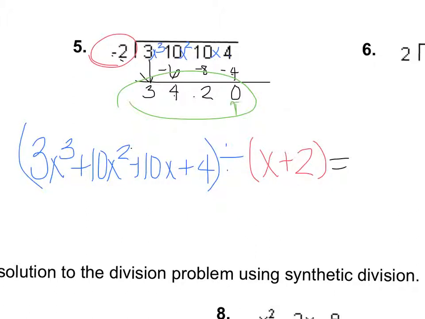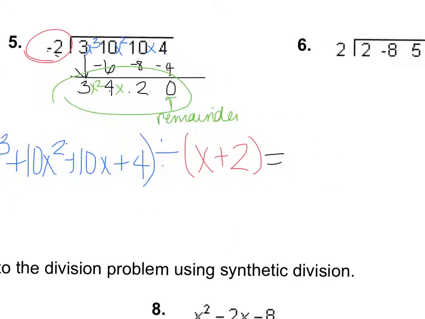So remember, this is our remainder. Then we add nothing, then x, then we add x squared. So it would equal 3x squared plus 4x plus 2. And that would be our final answer.